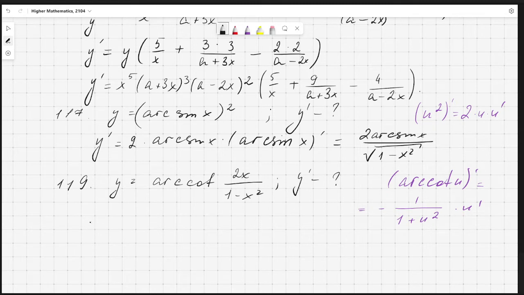Find y prime is 1 over 1 plus u, where u is 2x over 1 minus x squared, times u prime.